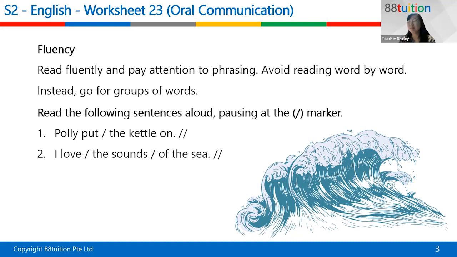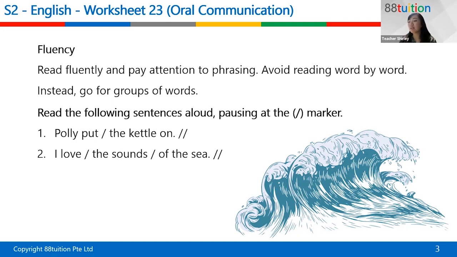Fluency doesn't mean only reading aloud. When we're speaking to someone, we need to make sure that we're speaking fluently, and we are also paying attention to phrasing as well. Avoid reading word for word, then it will become very monotonous, right? So you do need to make sure you put appropriate pauses here and there.